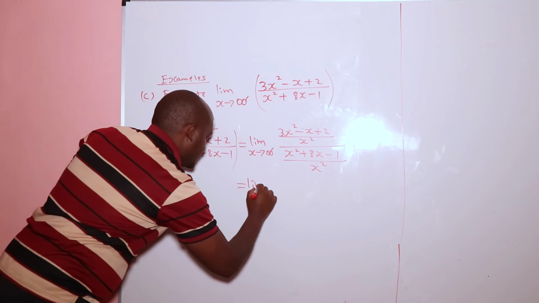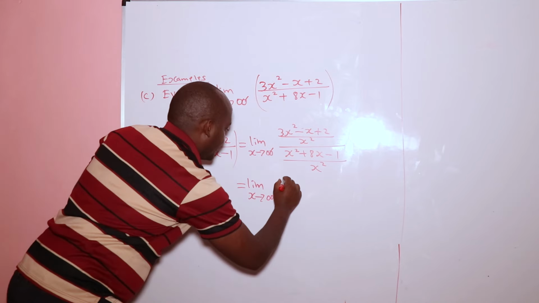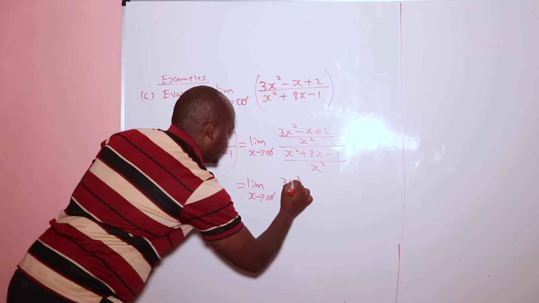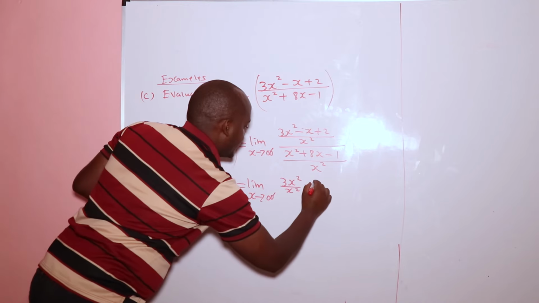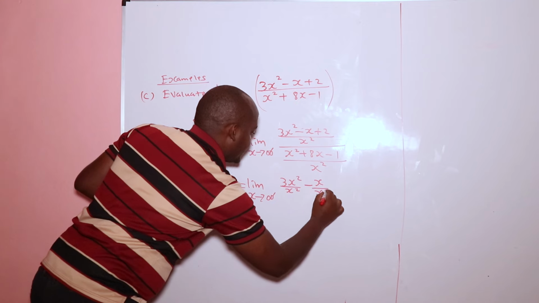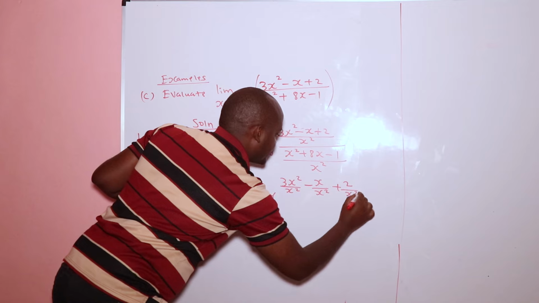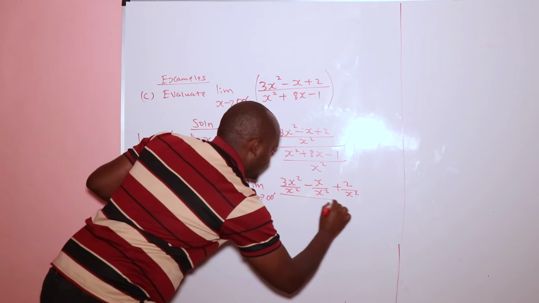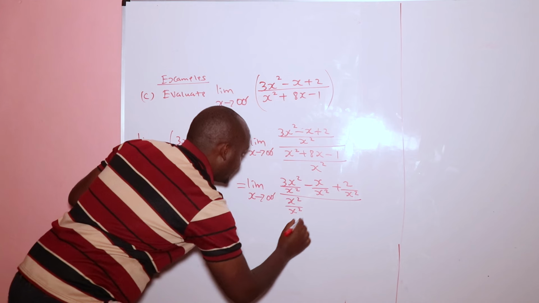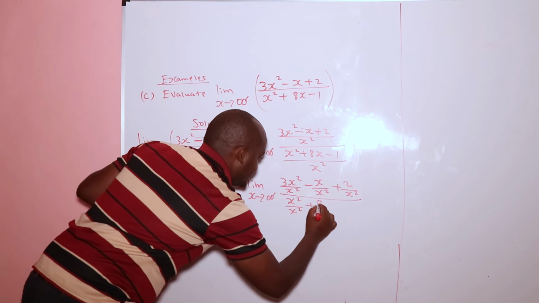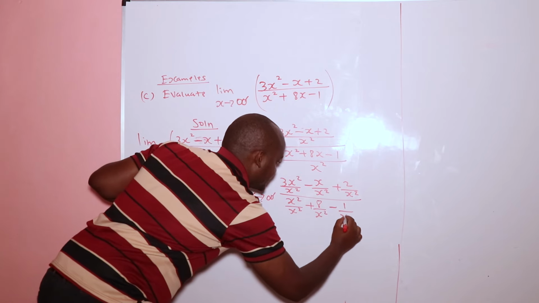So this will be the limit as x approaches infinity of 3x squared divided by x squared minus x over x squared plus 2 divided by x squared. All these divided by x squared over x squared plus 8x over x squared minus 1 over x squared.